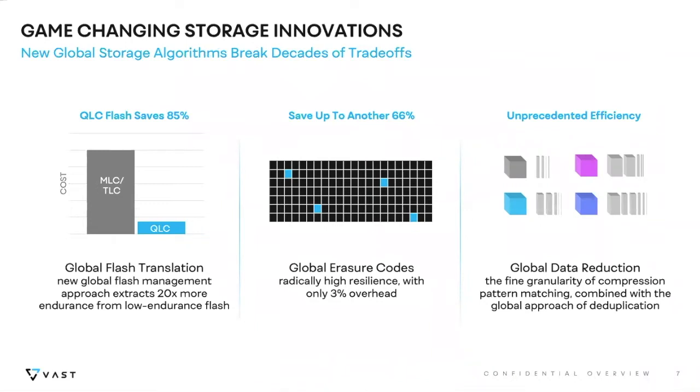And we make it possible not only by building this infrastructure that is both fast, scalable, and easy to deploy, but also by fundamentally innovating in three different areas. The first, as I referenced earlier, is our QLC flash translation. And with this, we get to a point where we extract about 20 times more endurance from low endurance flash than what the drive manufacturers themselves will advertise.